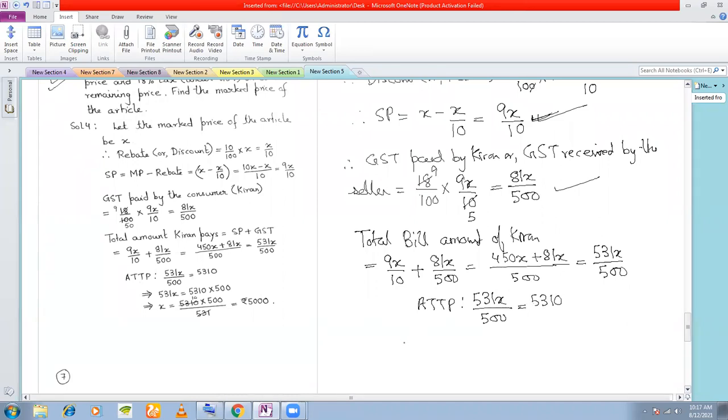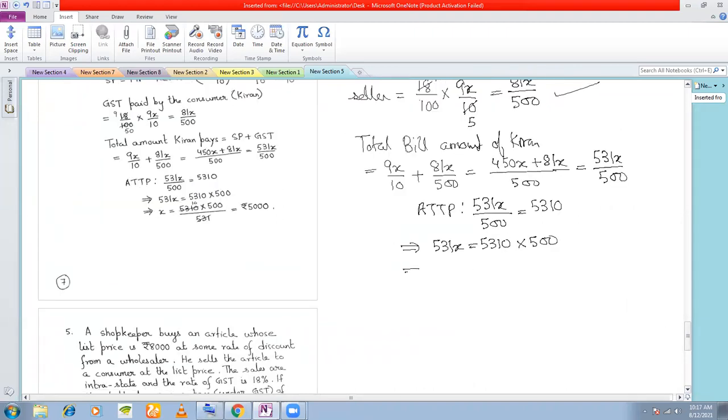Okay. So now we can find out x from here. Cancel this with 10. Mark price is 5,000 rupees.